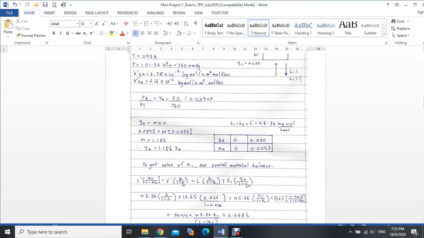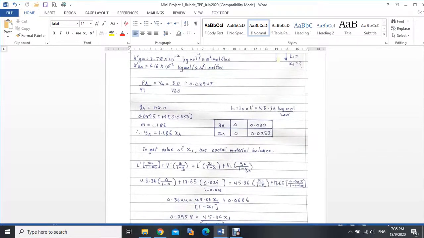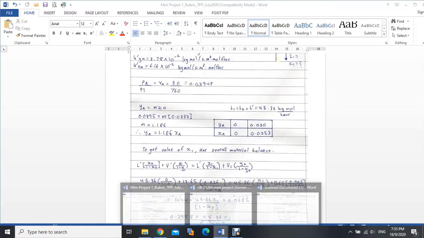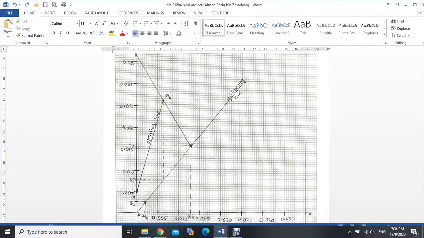I got y as 0.03947, and the gradient that I have found is 1.186. So m is 1.186. With the linear relation, we can plot the xy data to plot the equilibrium line.